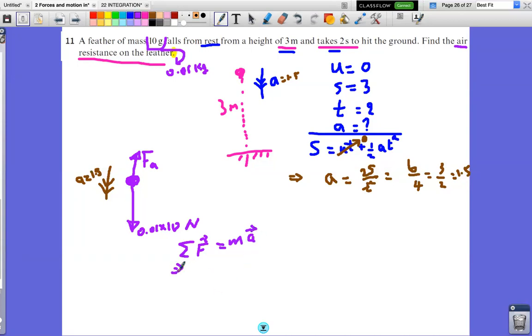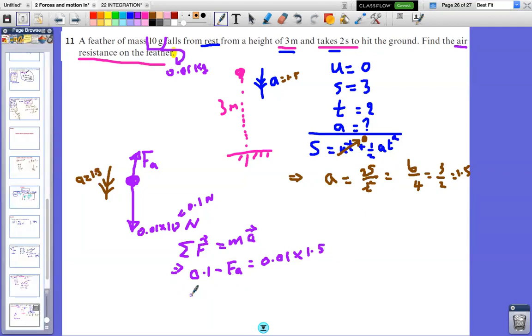This means that this force here is 0.1 newton. So 0.1 minus Fa is equal to the mass of the feather, which is 0.01, times the acceleration of the feather, 1.5, right?